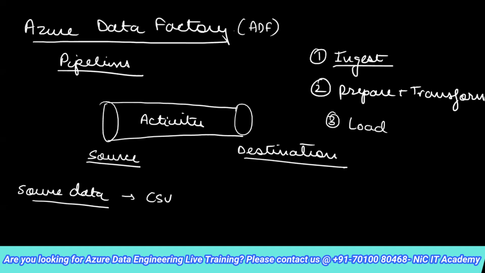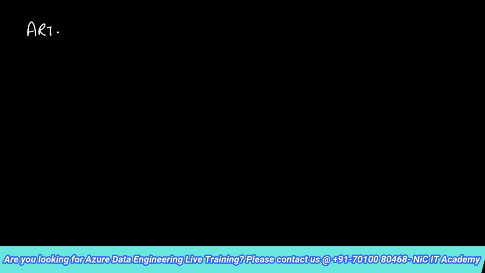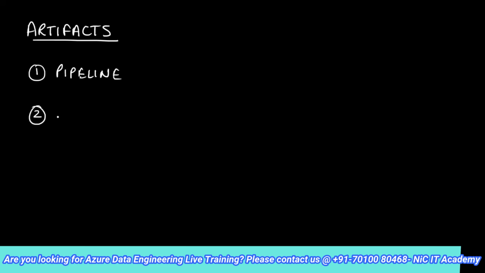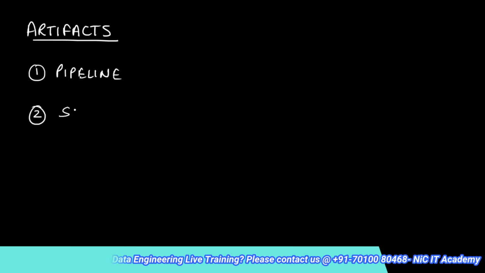Clear? Now, these three things here are called your artifacts. Within Data Factory, these artifacts are first the pipeline itself that you will create. The second, not directly, but source data contains a couple of artifacts. So I'll just write source data here and I'll explain the artifacts that build up this source data.